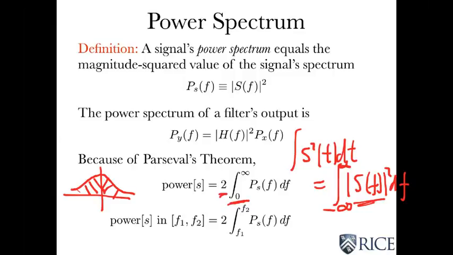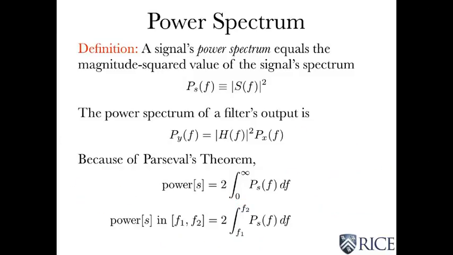And finally, I want to point out this little interesting result, that you can think about the power of a signal within a given frequency range as being the integral of the power spectrum over that frequency range. The reason that comes about is because of that result.